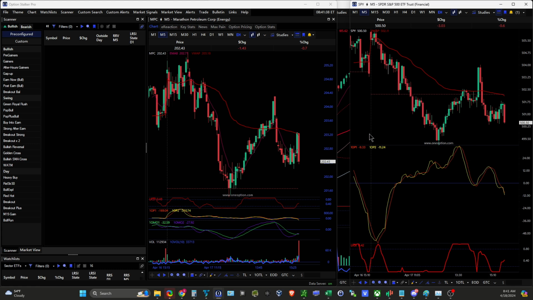So the story would have been this. Okay, 500 is a major psychological level. Buyers stepped in at 500. They tested VWAP, failed at VWAP, went down a little bit, found support above 500, and then were able to take out VWAP. The reason that would have been significant is because before, we're finding support at 500, and now let's say we're finding support at 501.